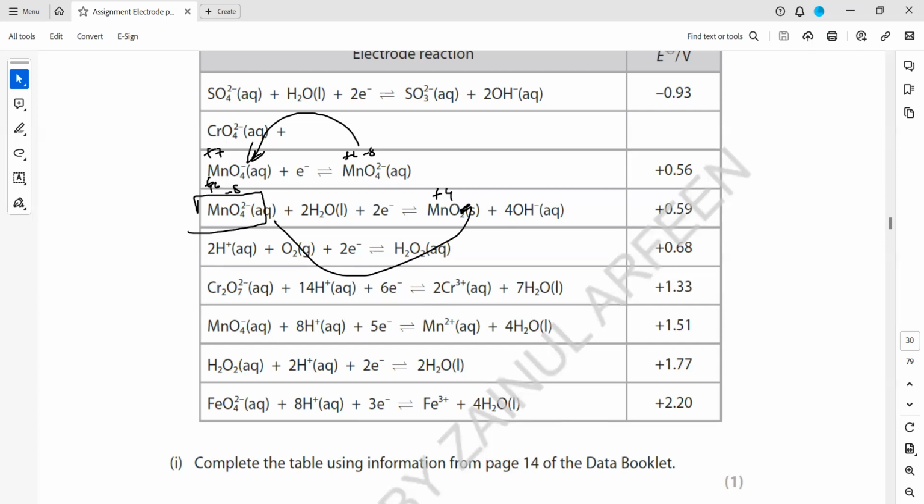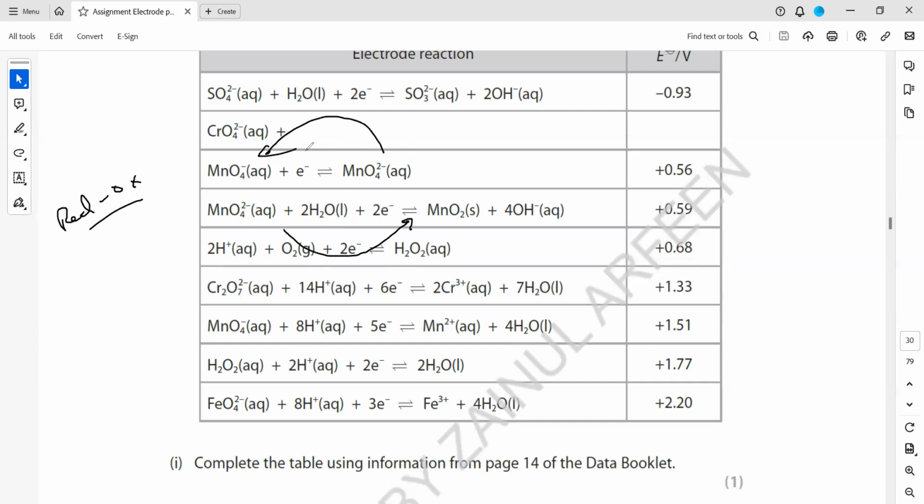So how to add these two equations? The concept is redox, reduction minus oxidation. For the one which is having a higher value, the same thing will happen, and for the one which is having a lower value, the opposite will happen. So this will be the reactants.